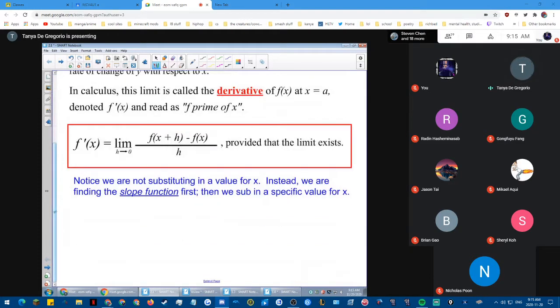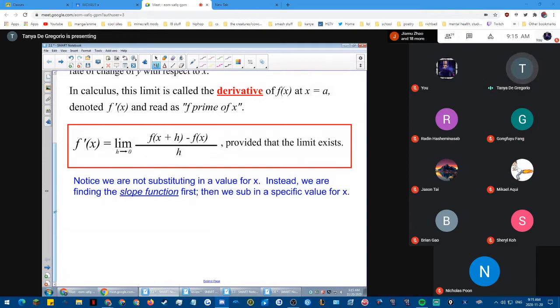Notice we are not substituting in a value for x. Instead, we are finding the slope function first. Then we sub in a specific value for x. So what does that mean? Well, in chapter 1, when we were finding our limit by first principles, we were subbing in that x value that we knew, and then doing that x value plus h minus whatever the y value was, and we went from there. Now we're going to be finding a slope function.